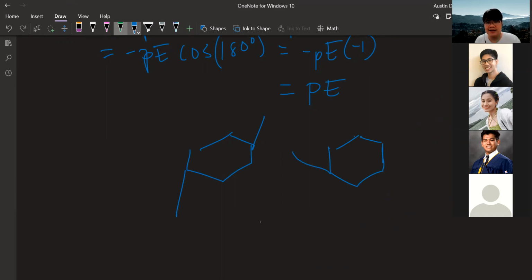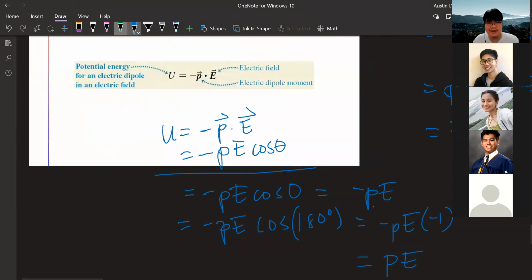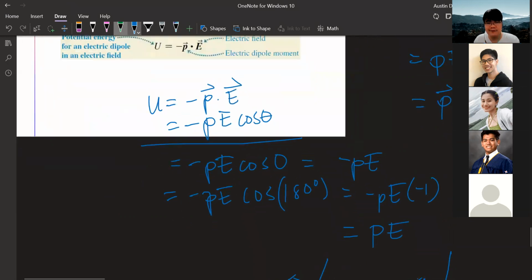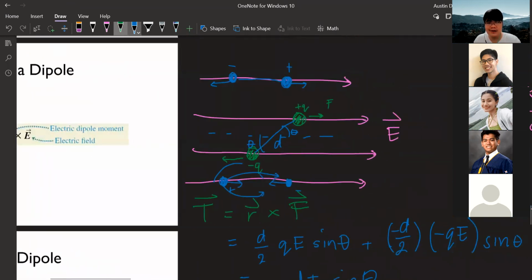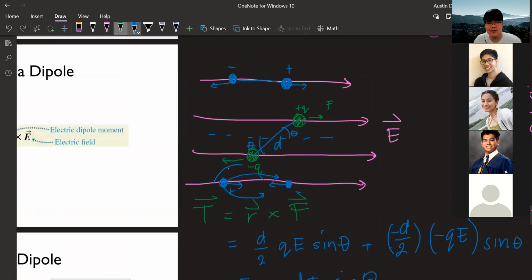Minsan magsasama sila pataas or pababa yung isa. Dahil gusto nila, ang gusto ng mga molecules mo, to go to the lowest potential energy. Okay? Mansin nyo dito, negative P E, dun siya sa stable. Sa stable configuration niya. And yung highest energy would be the opposing configuration, which is very unstable.